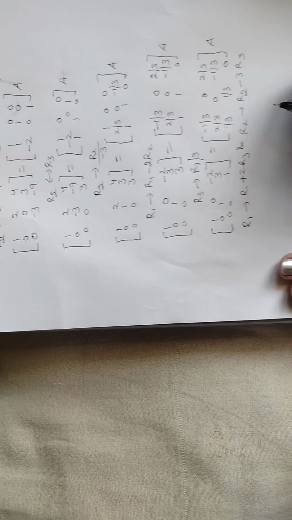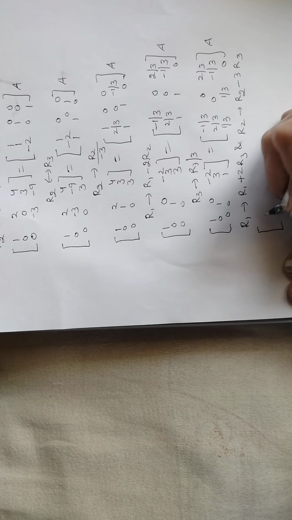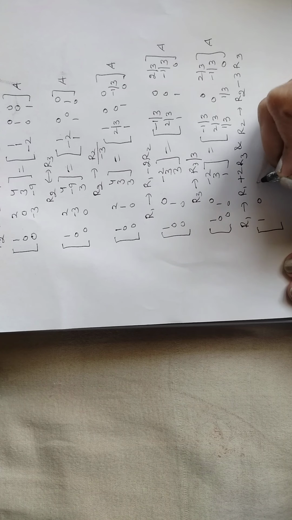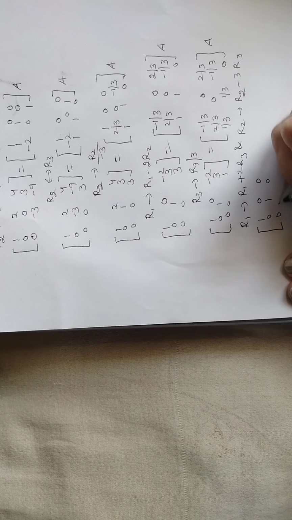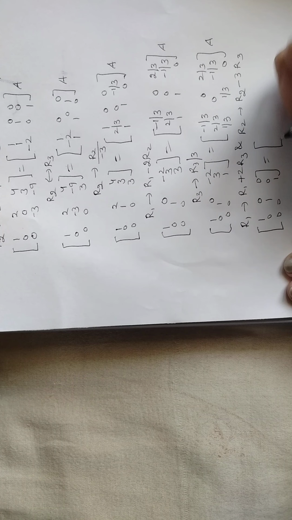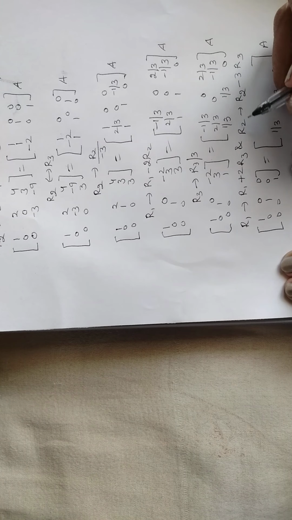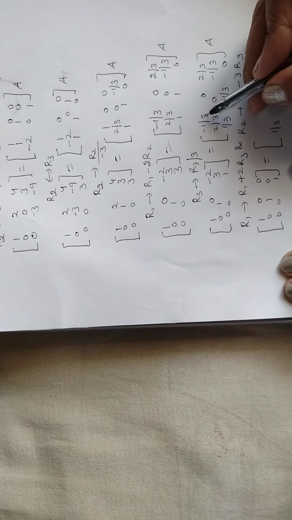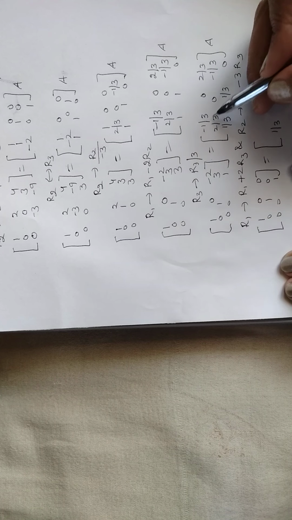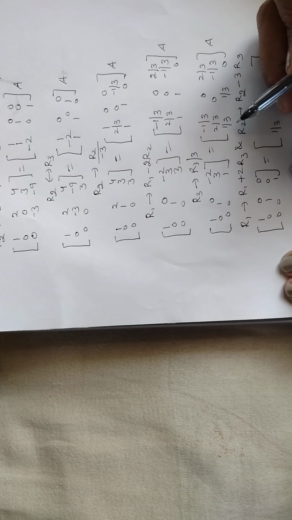Clear? So after applying this operation, you will get 1 0 0, 0 1 0, 0 0 1, and on the right side this third row will remain as it is, and in the first row you have to add this plus 2 times this, so minus 1 by 3 plus 4 by 3, it will be minus 1 by 3.